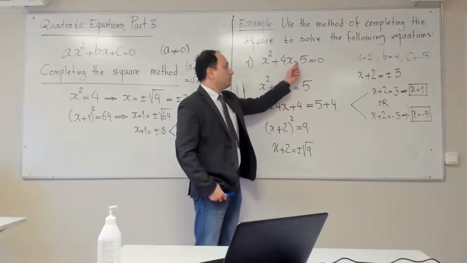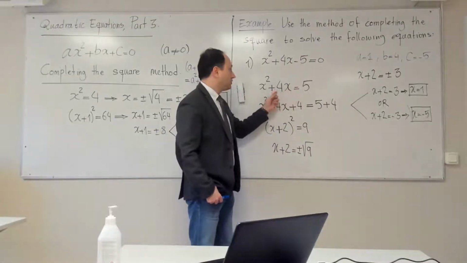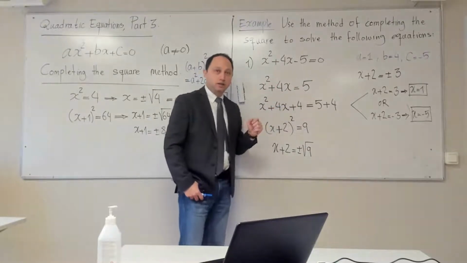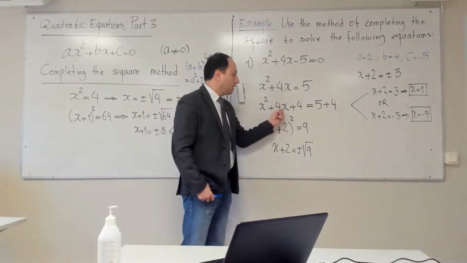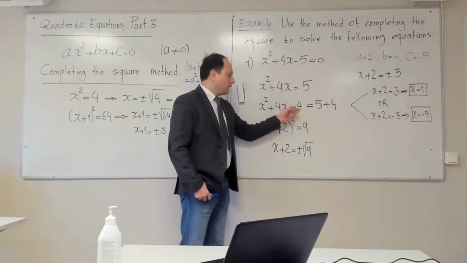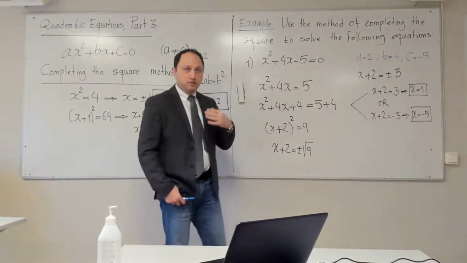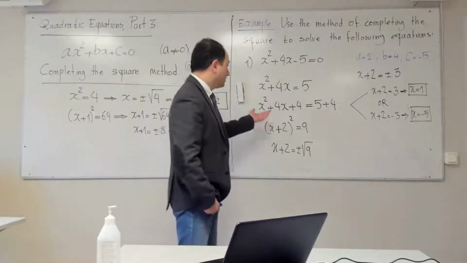So first, you need to move the constant number to the right. So you have another equation that you have a constant number to the right. The tricky part is which number should I add? Sometimes this number is so easy that you can immediately guess. But if you cannot guess what that number should be, I tell you what to do.